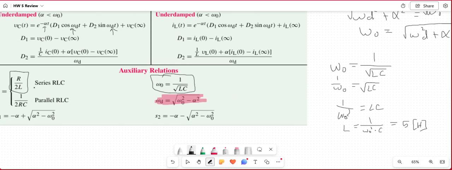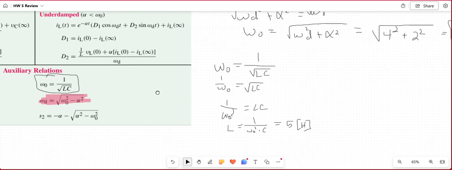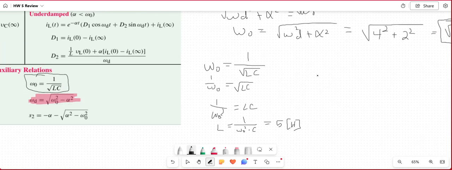And now we can do that equation over here. So alpha equals R over 2L, right? So rearrange for R. R equals alpha times 2L. We plug in our found values and we get R equals 220 ohms.